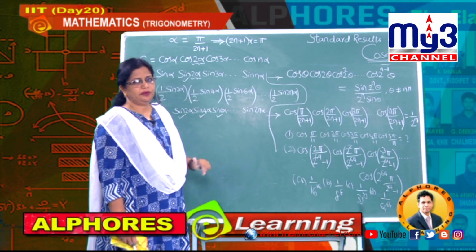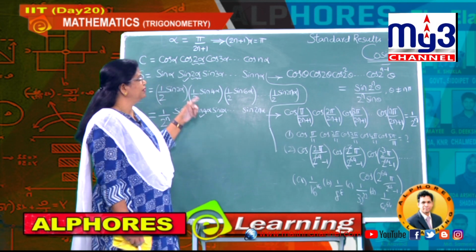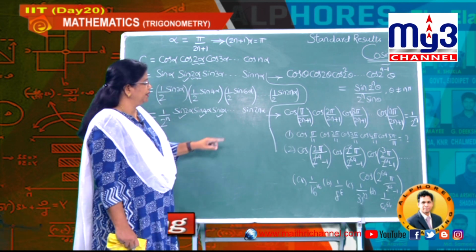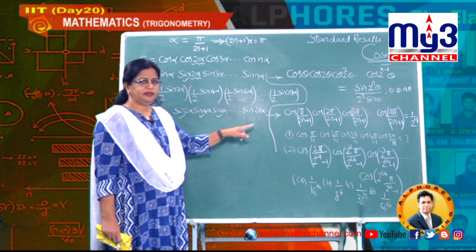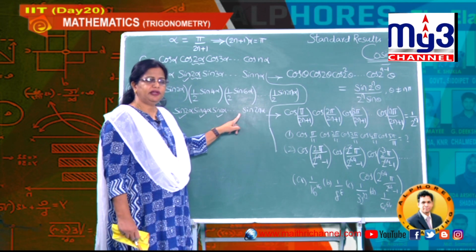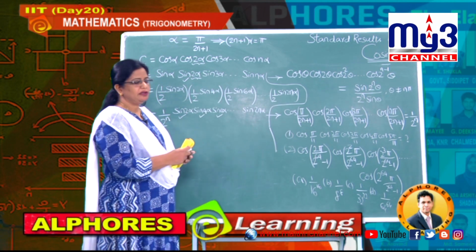So what I have to do is convert 2n alpha in terms of one of these values. The preceding ones are all even values, so the preceding is 2n minus 2 into alpha, that also we need to convert.